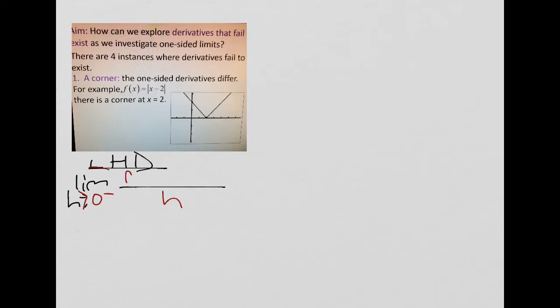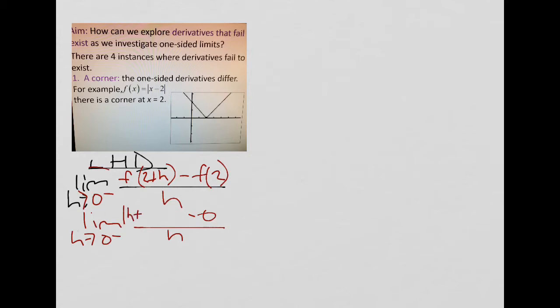So we have our function, and we're going to do f of 2 plus h minus f of 2. And so f of 2 is 0, so we'd be subtracting 0. And if we plug 2 plus h into our expression, or h plus 2, we just get that absolute value of h.